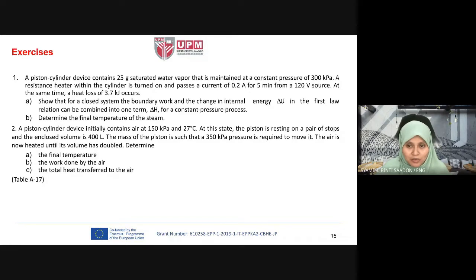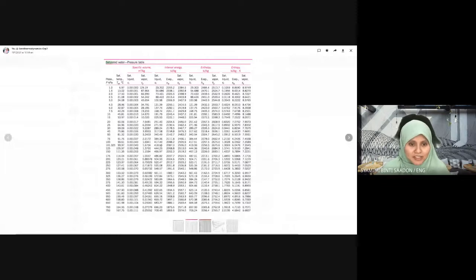Saya tunjuk yang H1 dulu. So P1 is 300 kilopascal. This one is in kilopascal, the other one is in megapascal, so please make sure of that. So 300 kilopascal, this row. And saturated vapor, we are already at saturated water vapor.